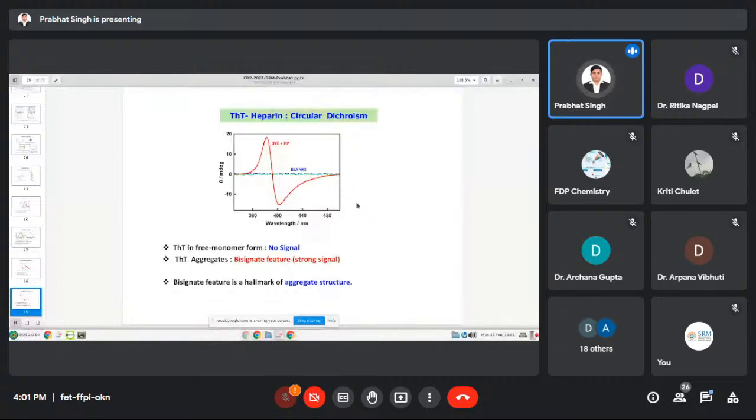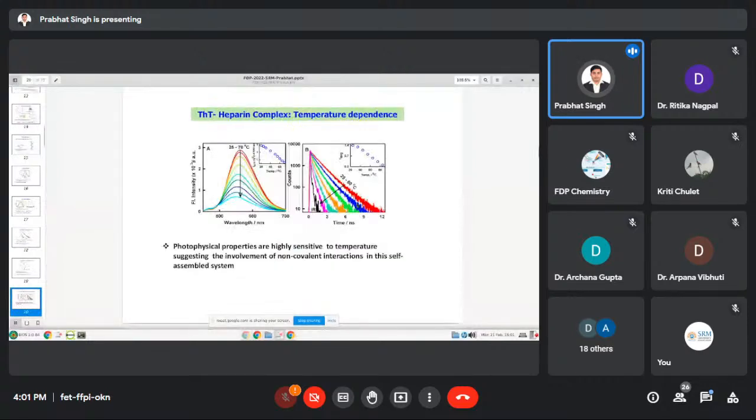Then there are many other ways, and it is important for the discussion here, that we did temperature dependent measurements, and what I'm showing here is the emission spectra and lifetime. So how does temperature dependence fit in the present story? What we proposed is that we have an aggregate of thioflavin T in the presence of heparin. So it's basically a non-covalent assembly.